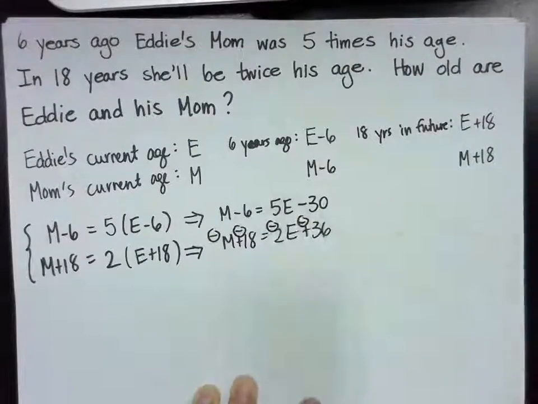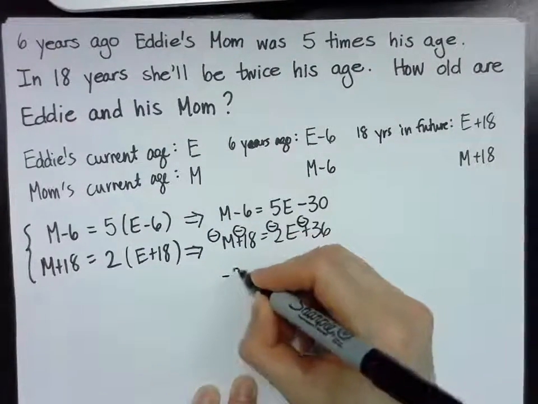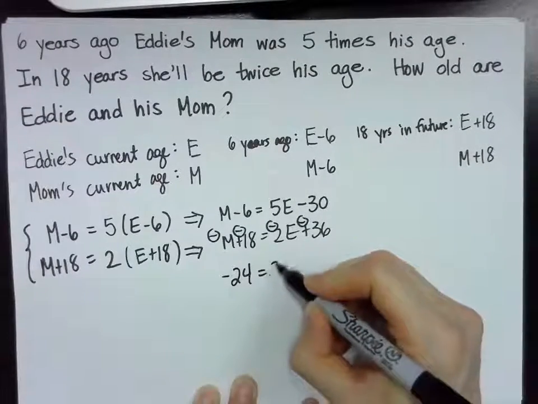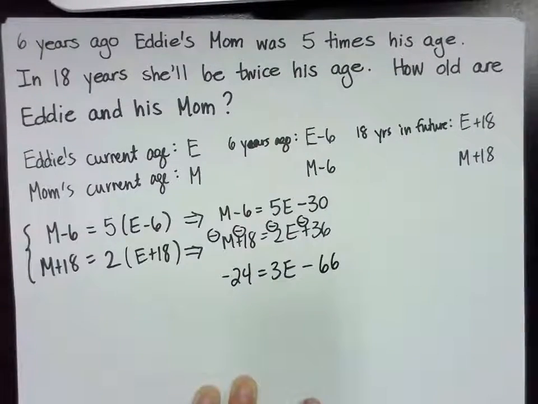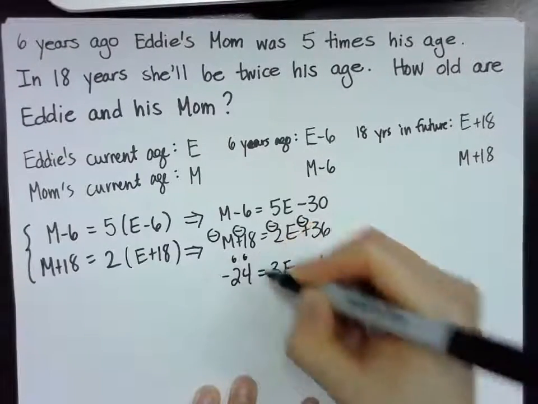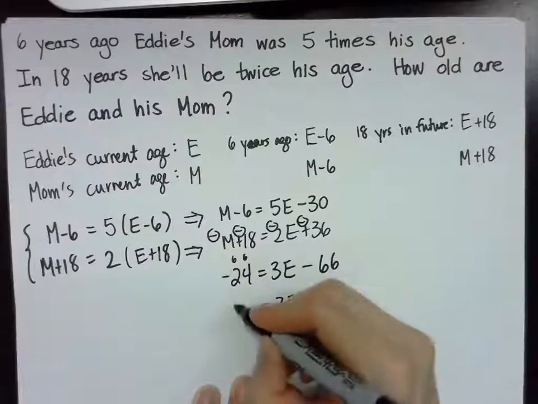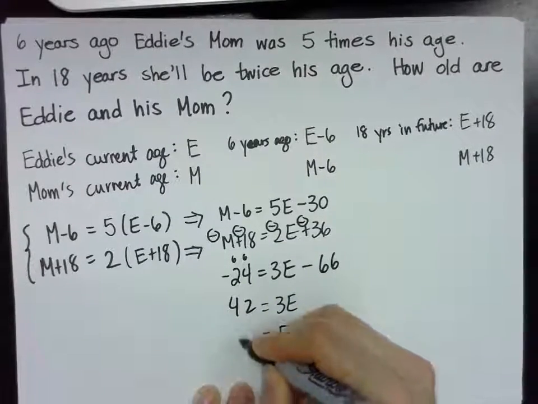So M minus M, we eliminate M. Minus 6 minus 18 is negative 24. 5 minus 2 is 3E, and then minus 66. So if we add 66 to both sides, we'll get that 3E is 42, and so that E is 14.